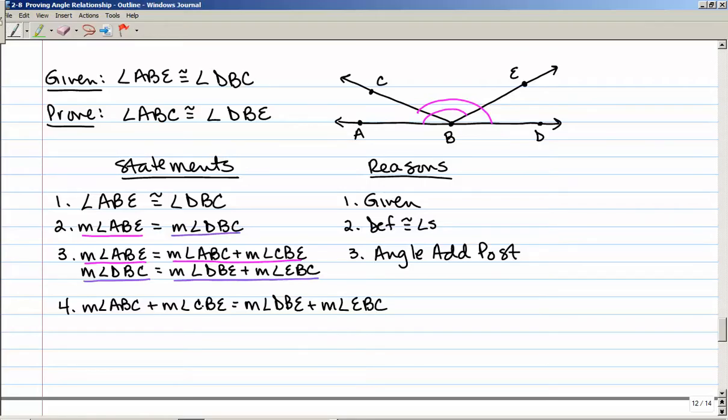So this is the pink is equal to the purple. And that's by substitution. Now notice, angle CBE is actually the same as angle EBC. CBE and EBC are actually the same angle, and remember we can name angles both ways. So I think what I'm going to do is subtract that from both sides. So I'm going to get rid of the angle CBE and get rid of the angle EBC.